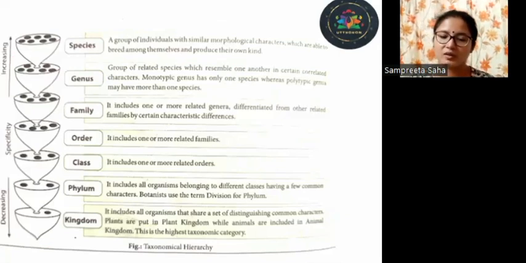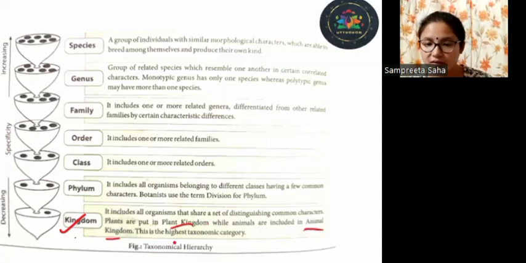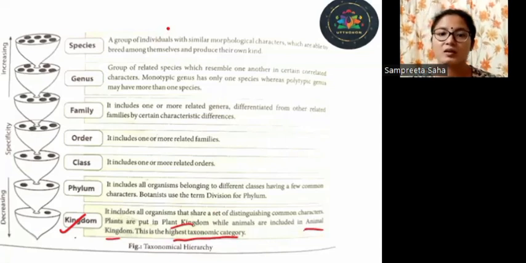Let us start from the kingdom. The kingdom includes all the organisms that share a set of distinguishing common characters. Plants are put in the plant kingdom, while animals are included in the animal kingdom. This is the highest taxonomic category. Remember, we are starting from kingdom and we are moving down to the species. So kingdom is the highest taxonomic category.